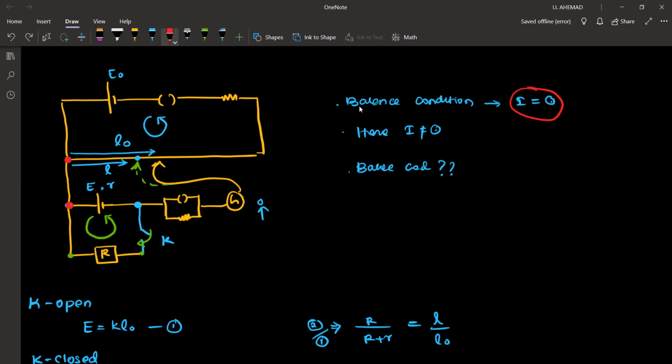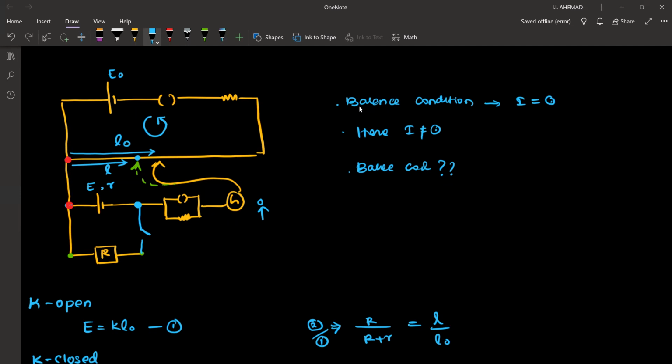Okay, so now let's think the circuit is open. The switch is open. When the switch is open, for the secondary circuit, there is no circuit where the current can flow, except it only can send current to the primary circuit.